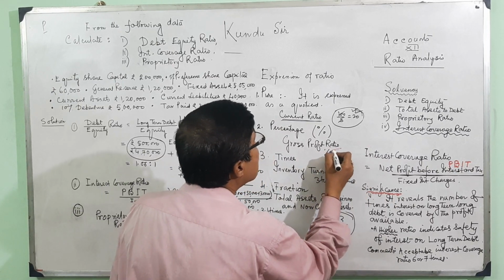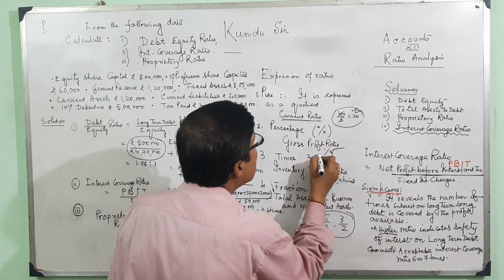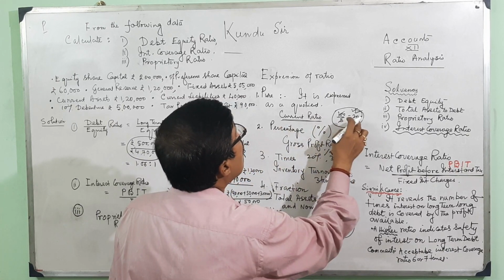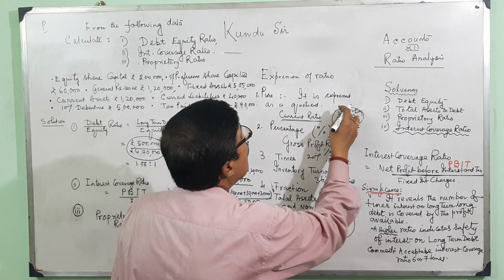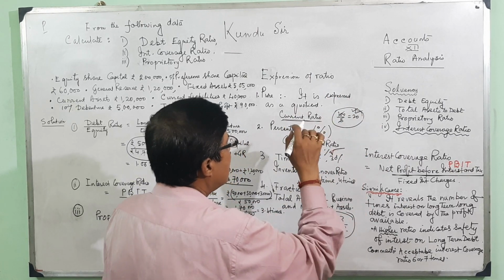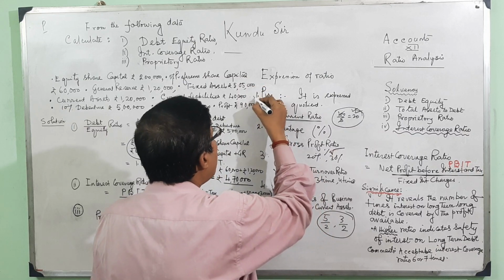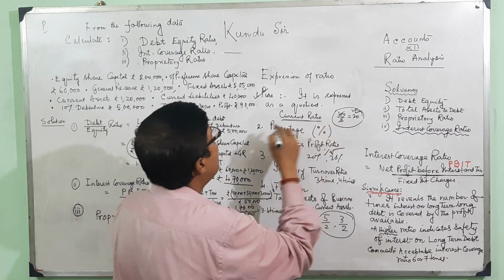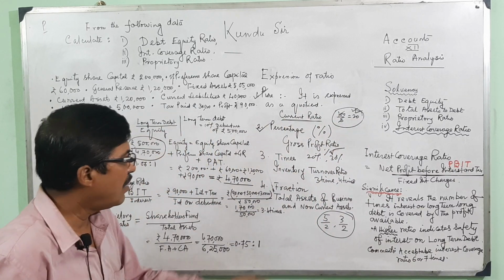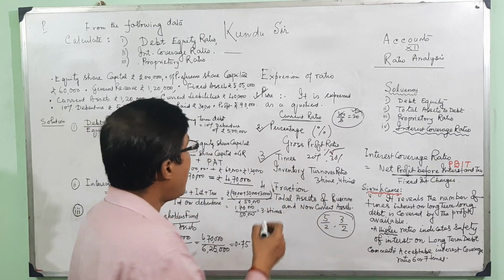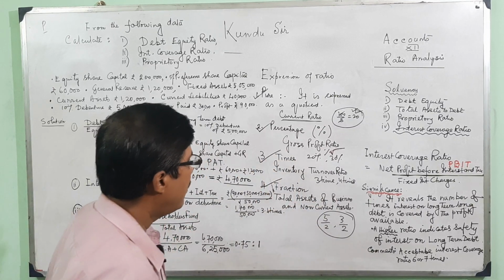In percentage, it may be 20% or 30%. And in quotient form, numerator by denominator gives a quotient. So there are 4 forms: pure or quotient, percentage, times, and fraction.